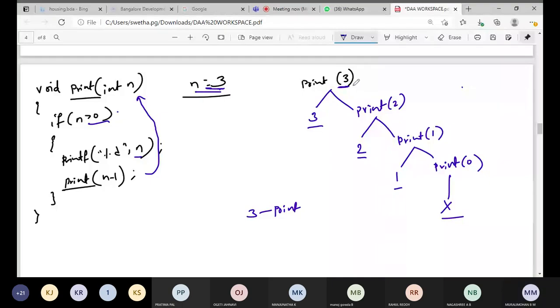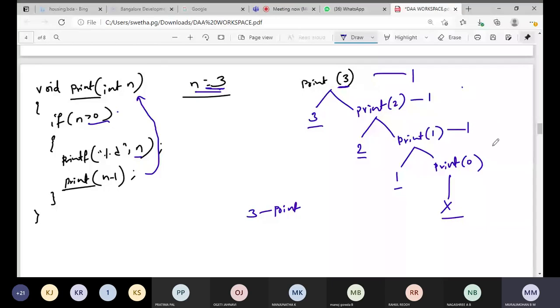And the recursive call: just see 1, 2, 3, and 4, right? So here it is executing one more time.